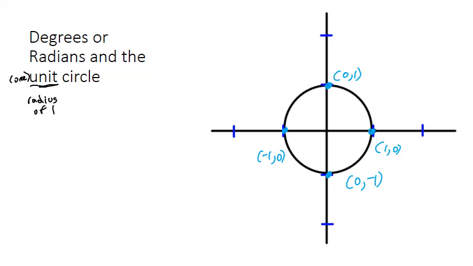From the discussion that we just had about quadrantal angles, we know that the angle that would have been here would have been the angle 0 degrees, that 90 degrees would have gone up here at the top, that 180 degrees would have gone here on the side, and that 270 degrees would have gone here.